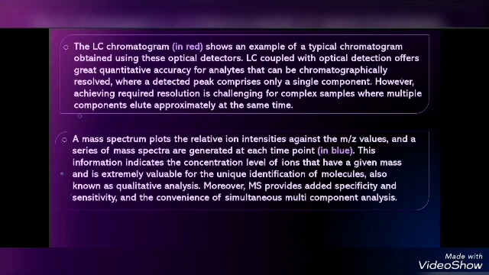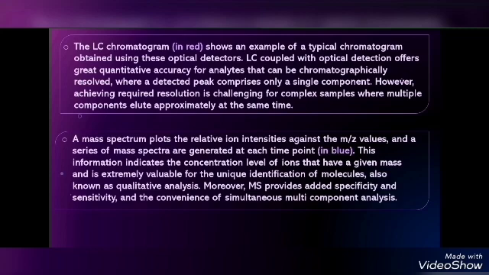A mass spectrum plots the relative ion intensities against the m over z values, and a series of mass spectra are generated at each time point in blue. This information indicates the concentration level of ions that have a given mass and is extremely valuable for the unique identification of molecules, also known as qualitative analysis.